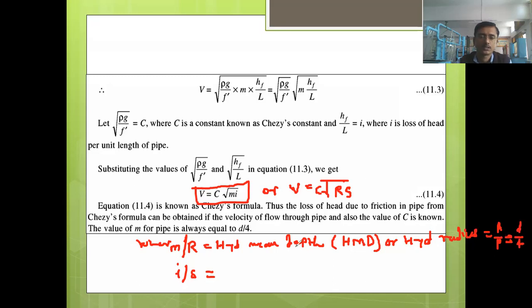Then I or S is equal to HF upon L, which is equal to head loss per unit length, loss of head per unit length. That is nothing but HF upon L.